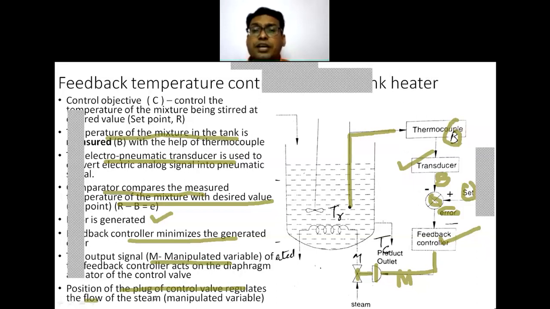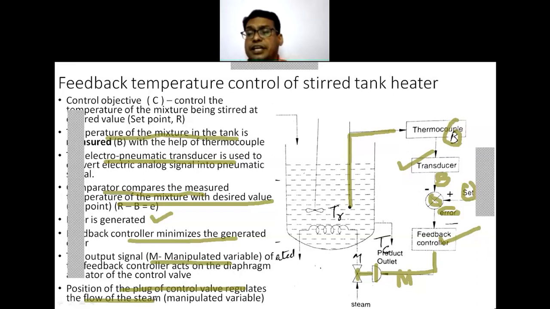So this is, in general, the standard way to define the feedback temperature control of a stirred tank heater. Then if the system is changed, instead of putting a coil here, the coils have been removed and a jacket has been provided.